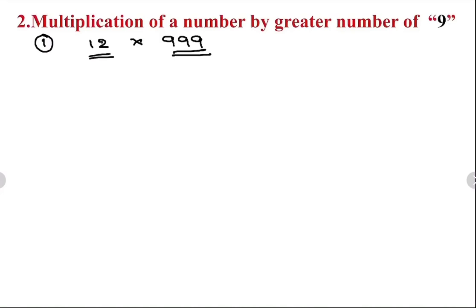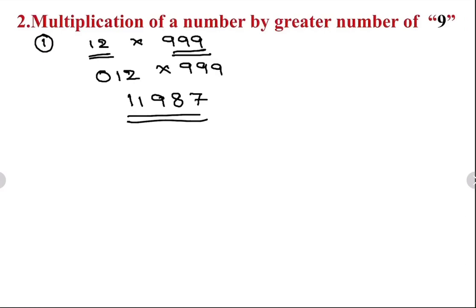Make it as 3 digits. So keep 0 before 12 at left hand side, then multiply with 999. This will become 11. Subtract 1 from it. So 9 minus 0, 9. 9 minus 1, 8. 9 minus 1, 8. This is the answer.